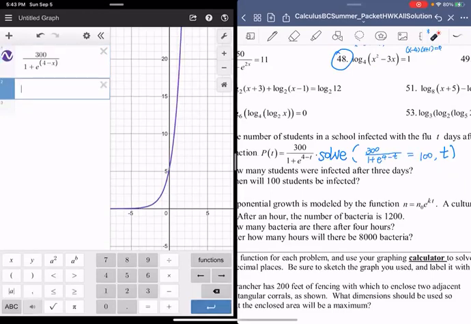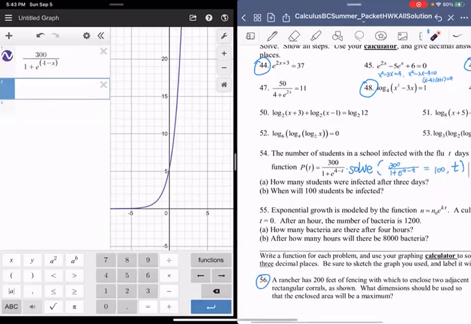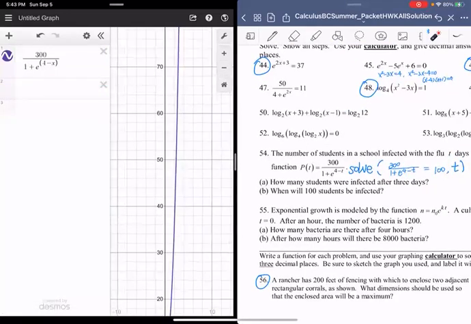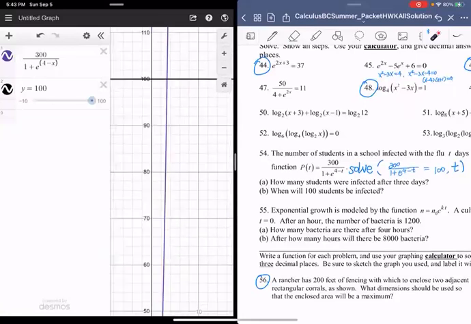And you want to see this reach 100. So you push down this, and you can see my y is a constant 100. Where do you meet? There. So this is 3.3 days.